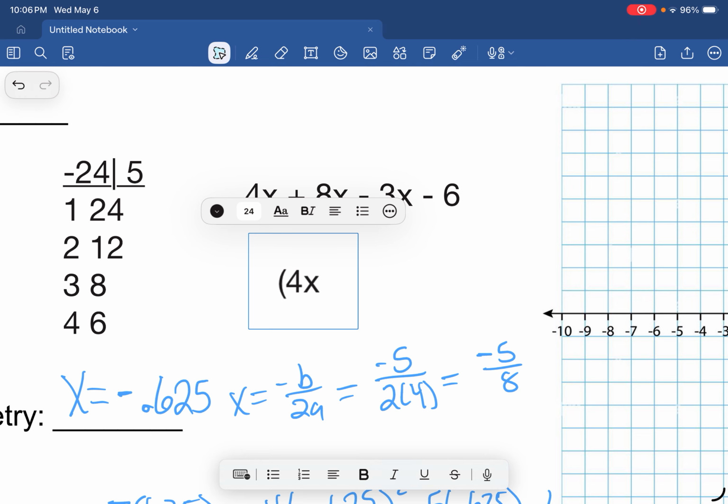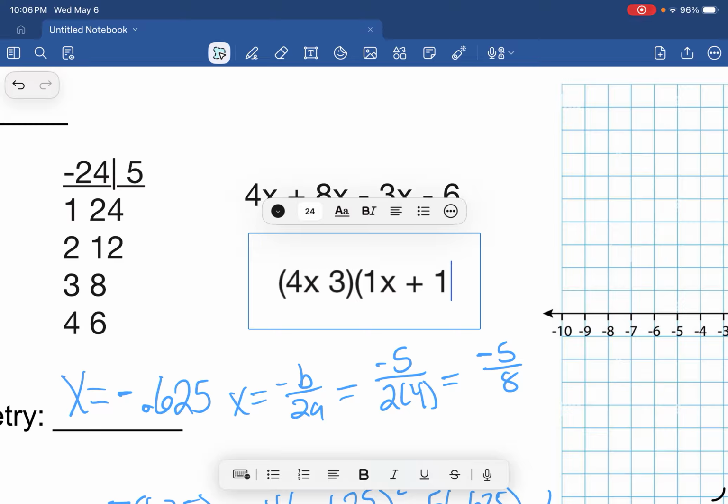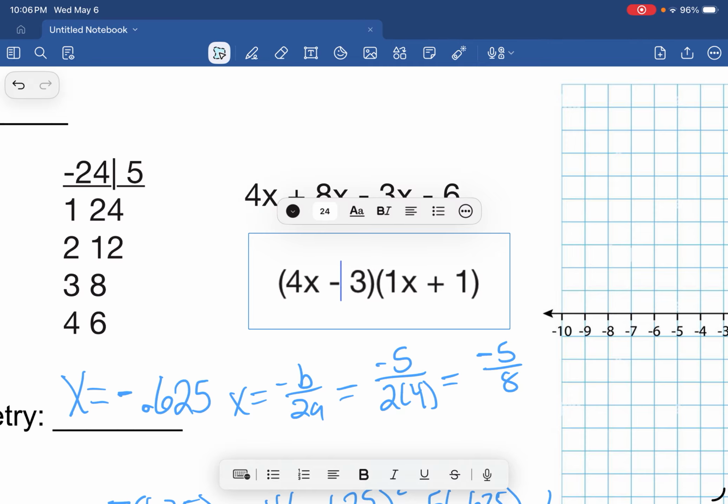The GCF of 3 and 6 is 3. My leftover is going to be a 1x and 1 for both of those. And my signs are going to drop down.